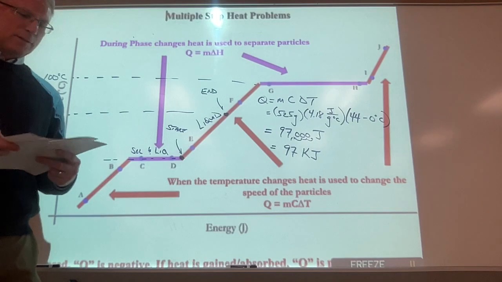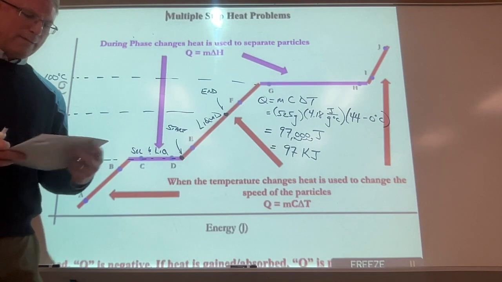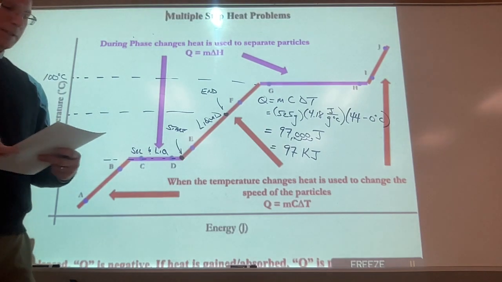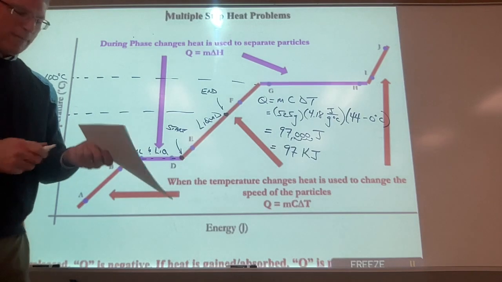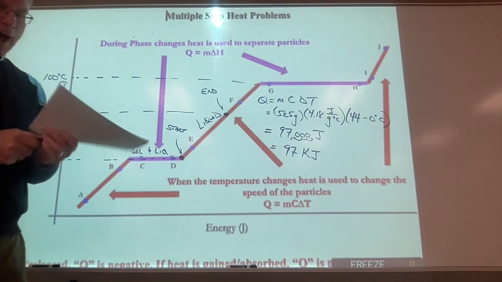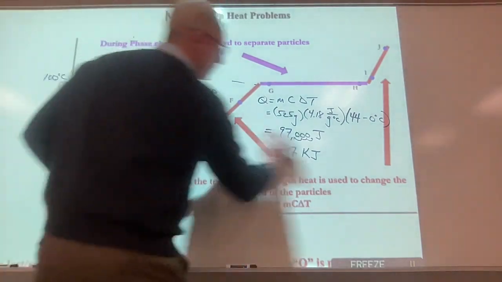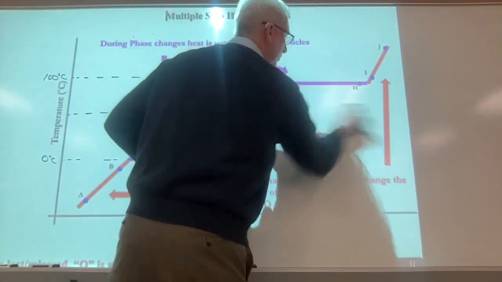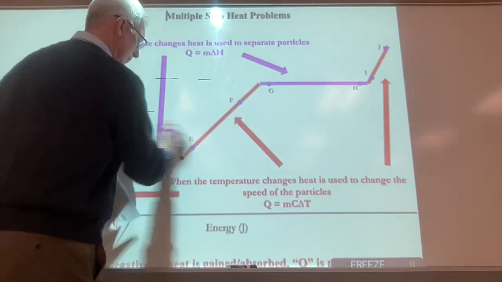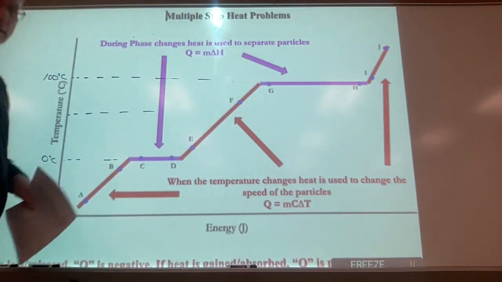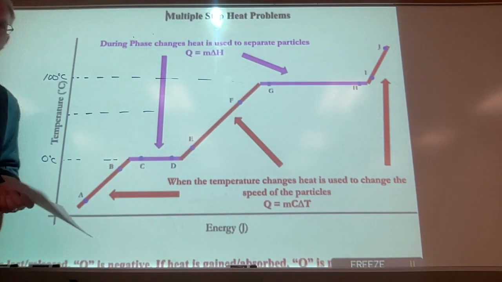Okay, so now we have the next piece, which says that we're going to take a 525 gram block of ice. Starting to sound familiar here, right? So we've got a 525 gram block of ice.